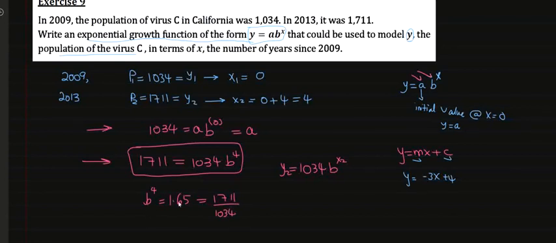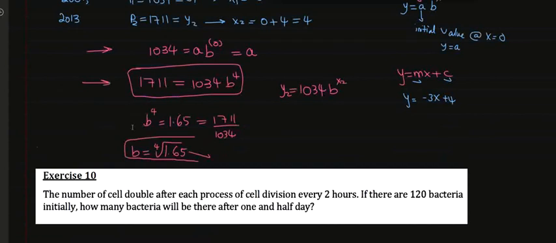And if b to the power 4 is equal to this, so b alone is equal to the 4th root of 1.65. And you can just directly calculate it and get its exact value. Okay, I'll calculate the 4th root and then write the final result in its decimal form.